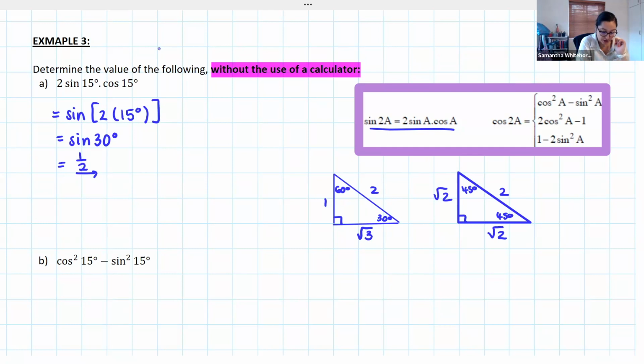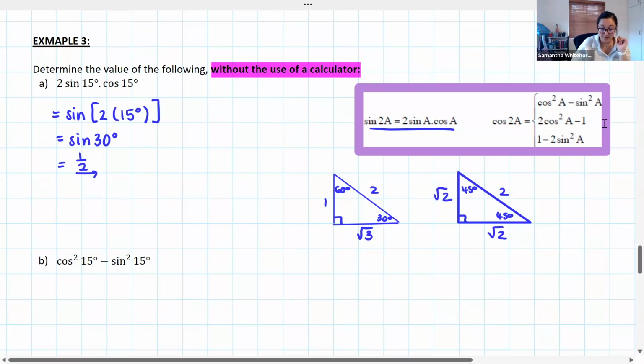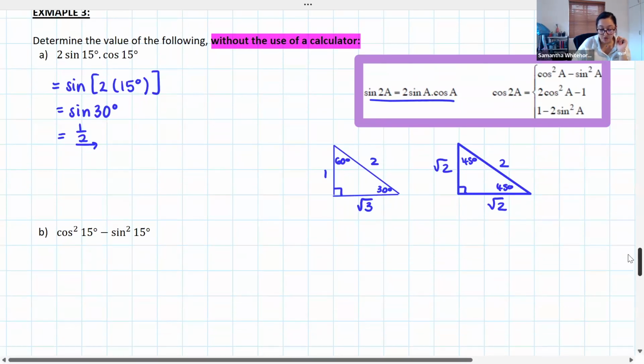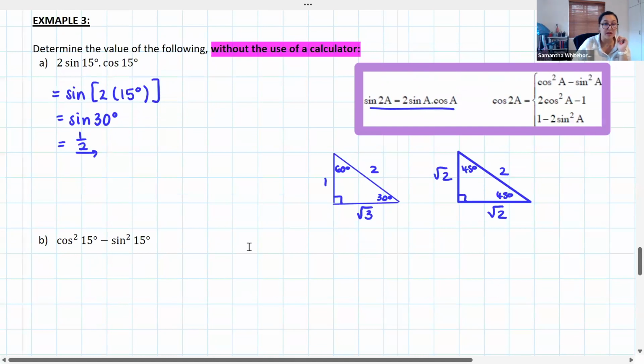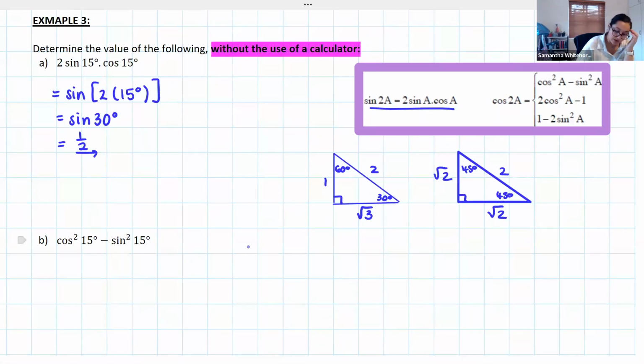If we now go to question B, again, we're not going to stress about this situation. Yes, it's not a special angle right now, but it looks like a double angle identity. Cos squared 15 minus sine squared 15 matches up with one of my cos double angle formulas.